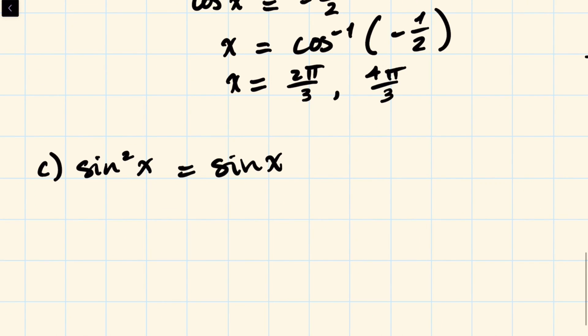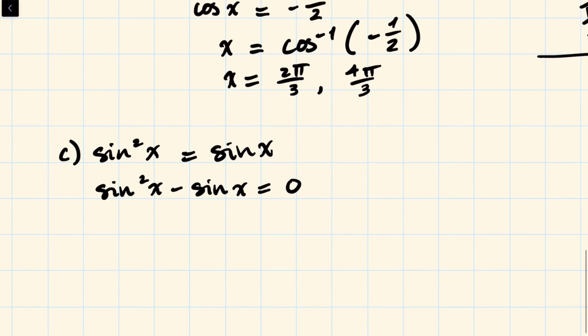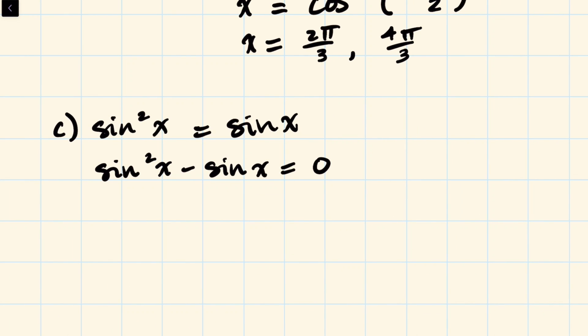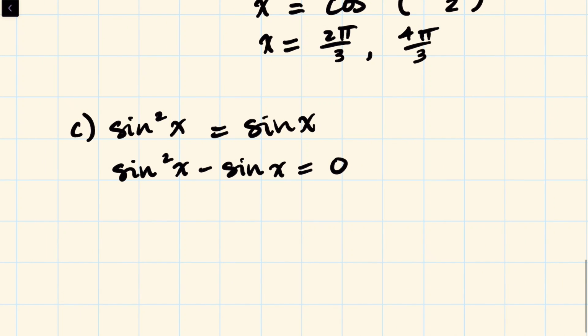Let's move this to the other side here. So we'll subtract sine x on both sides, so we just get it all on one side. Looks to be better. And so we can maybe try and factor something out. And we can, so we can factor out a sine x.